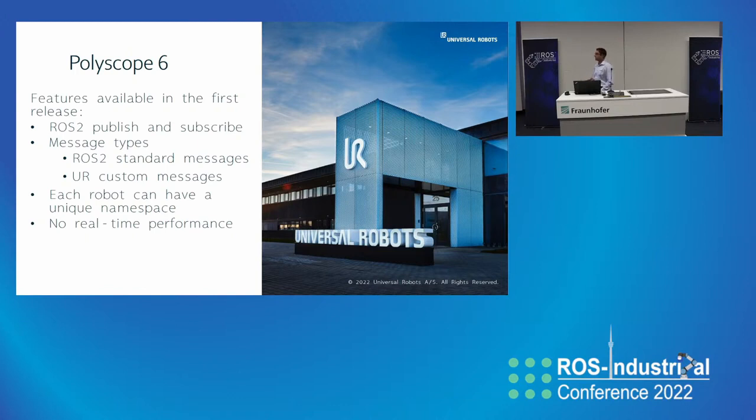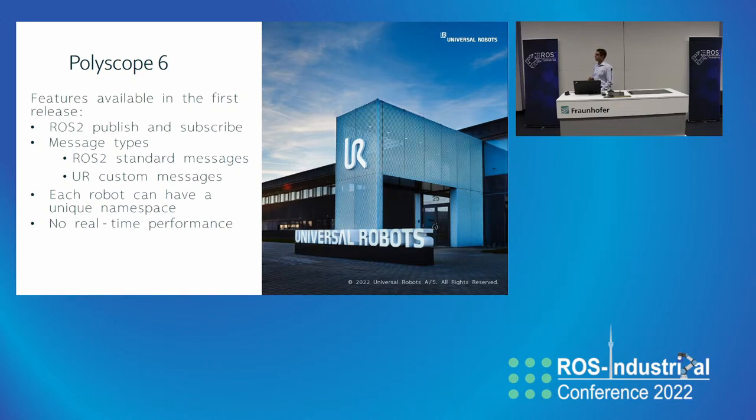Message types that we will support in the first version are the standard message types that are available in the ROS 2 repositories, and we have a fairly small library of UR custom message types for safety and program states, some things that we couldn't find a good representation for in the standard message type repository.